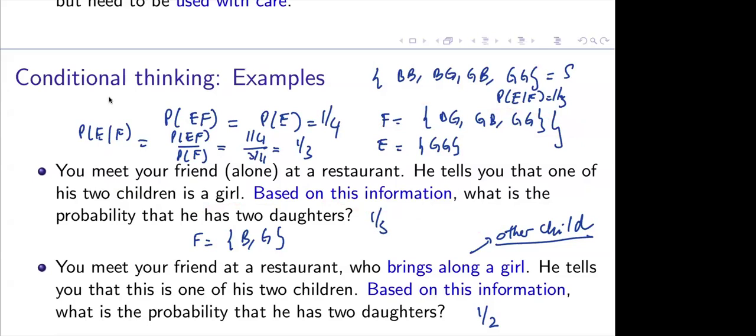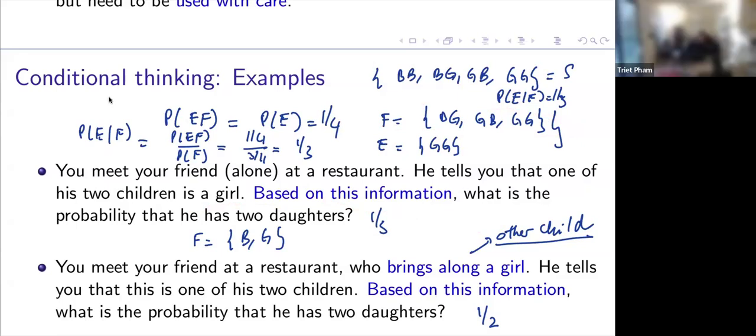Go ahead. It makes sense, but I feel like if I also just assigned this girl that we see the friend brings along an actual position in that ordering, and we make F, B, G, and G, G, we would get the same answer. But when you do that, you are using extra information that you don't have, right? Because on what basis can you assign her a position?